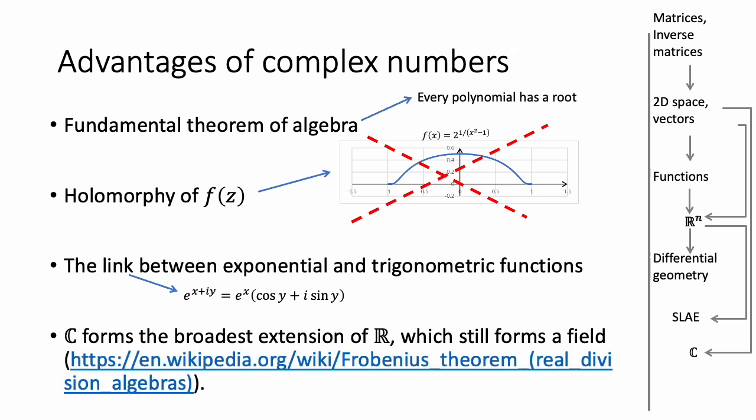The fourth advantage of complex numbers is that the space of complex numbers forms the broadest extension of the space of real numbers, which is still a field. And by saying a field, I don't mean here a vector field, as discussed previously.